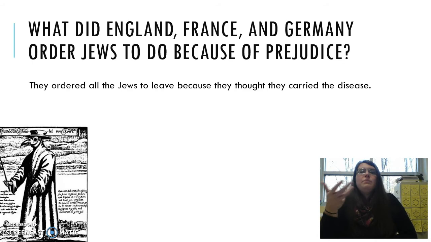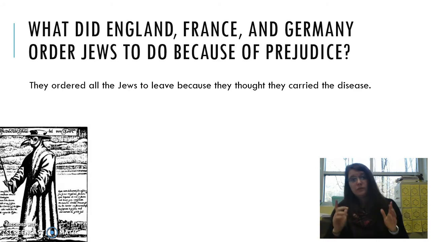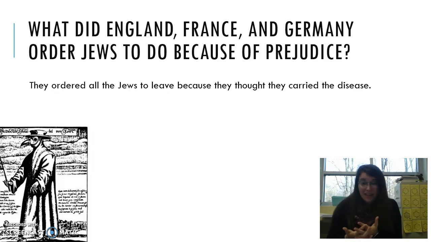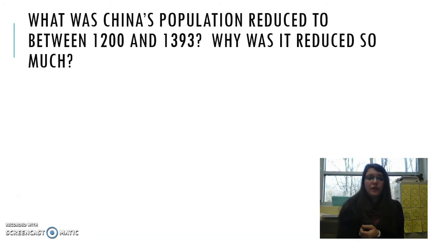And they blamed these people again. So these people were forced out of their homes constantly. They thought, you're different, you carry the disease, get out. Not a very good time to live in. People were scared. They blamed the first thing they could think of, which was someone different than themselves.